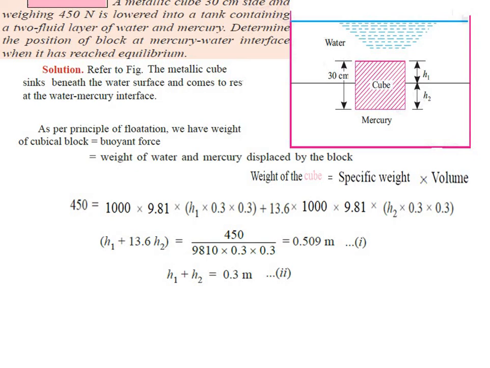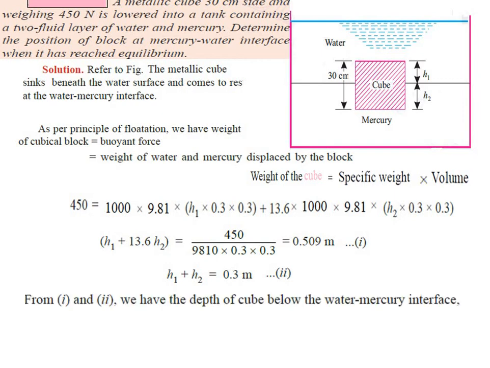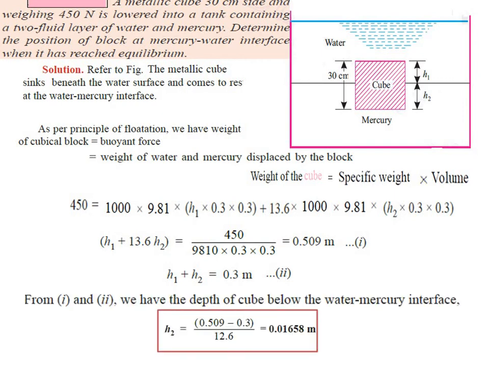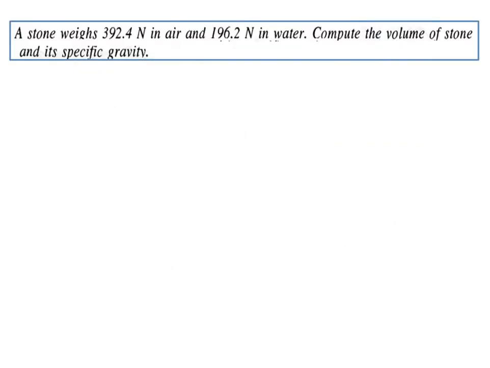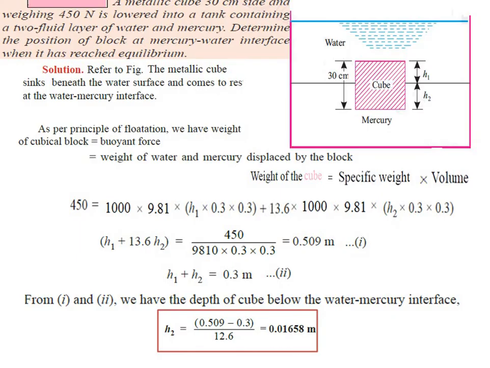Comparing equation 1 and equation 2, H2 is 0.01658 meter, so the depth of the block immersed in the mercury is 0.01658 meter. And H1 can be calculated as 0.3 minus 0.01658.